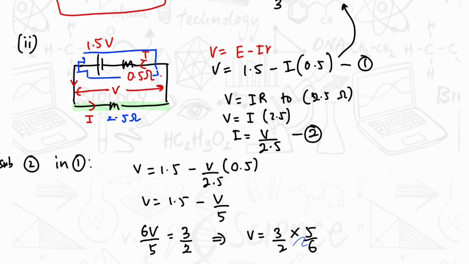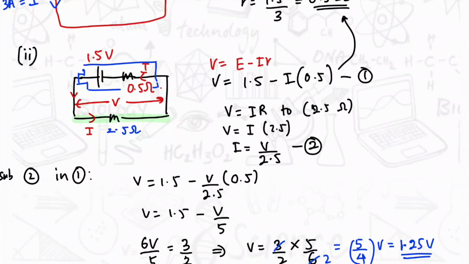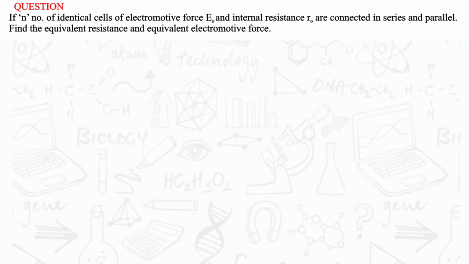So if we simplify this, we get 5 over 4 volts, that is 1.25 volts. Now let's try another question. If n number of identical cells of EMF value E0 and internal resistance R0 are connected in series and parallel, find equivalent resistance and equivalent electromotive force.